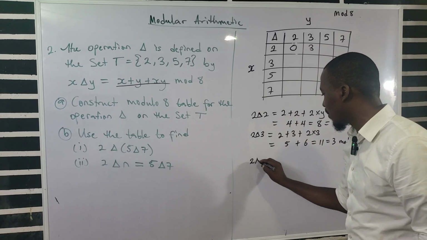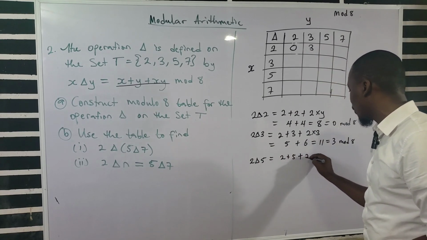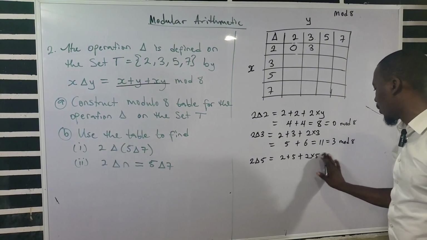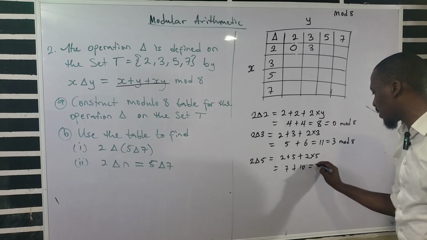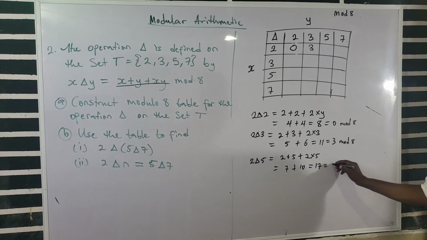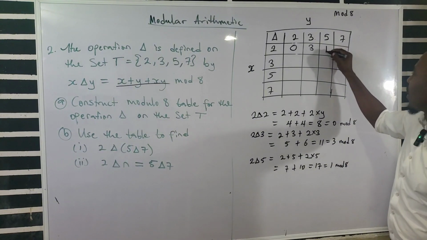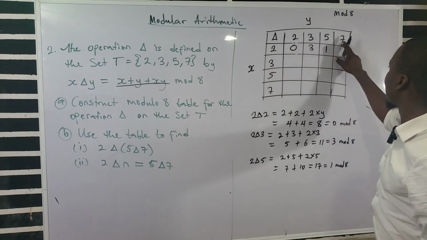Then the next one is 2 binary 5. So we have 2 binary 5. That will give us 2 plus 5 plus 2 times 5. So what do we have here? 7 plus 10, which is equals to 17. And 17 in modulo 8 will give us 1 modulo 8. So we have 1 here. So the next one is 2 binary 7.